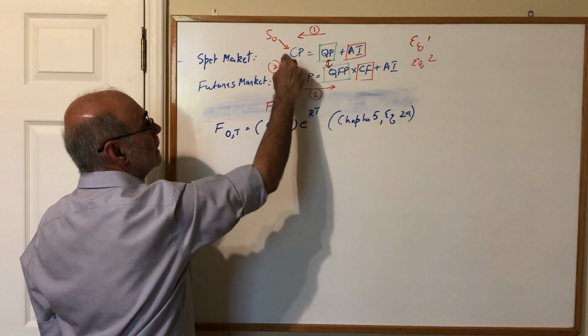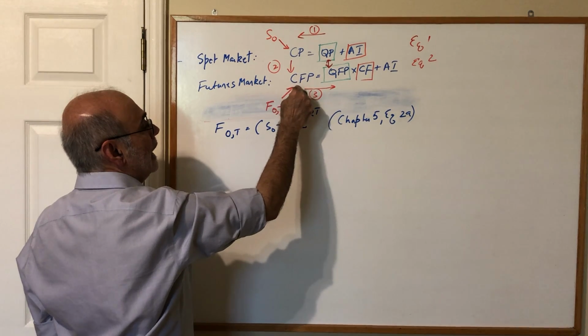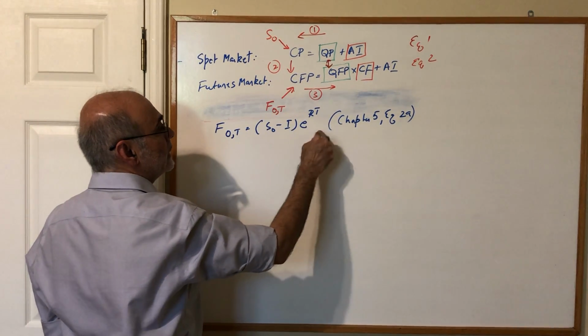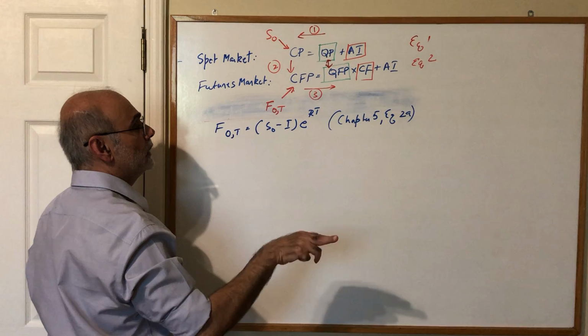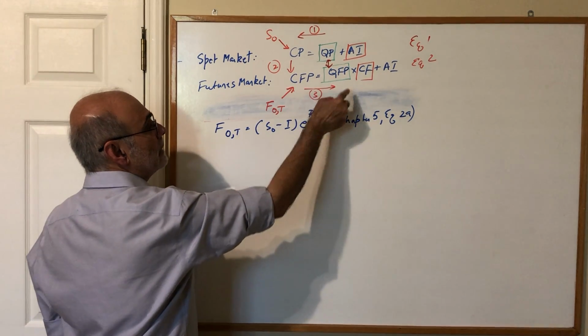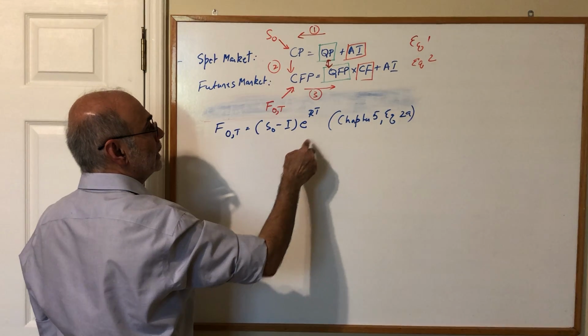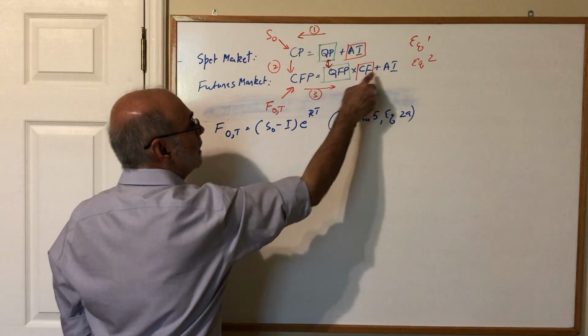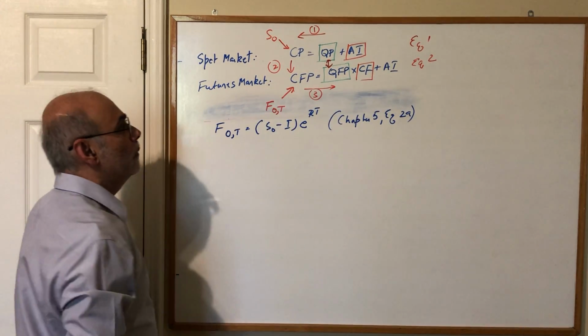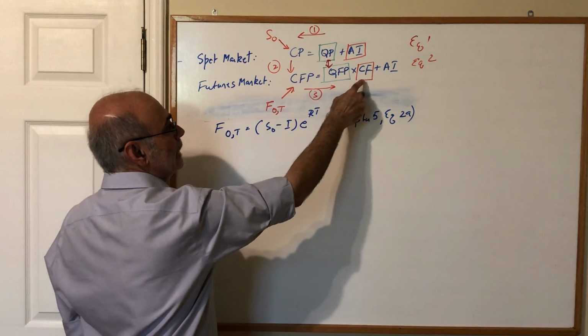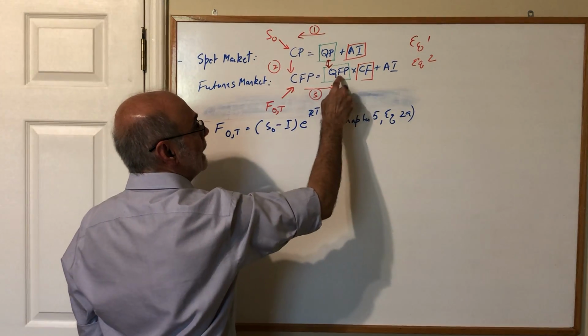Second step, I get F0T using this equation. And third step, I get the arbitrage-free quoted futures price, right, using this equation, where I know these two that I know how to calculate, and I infer this.